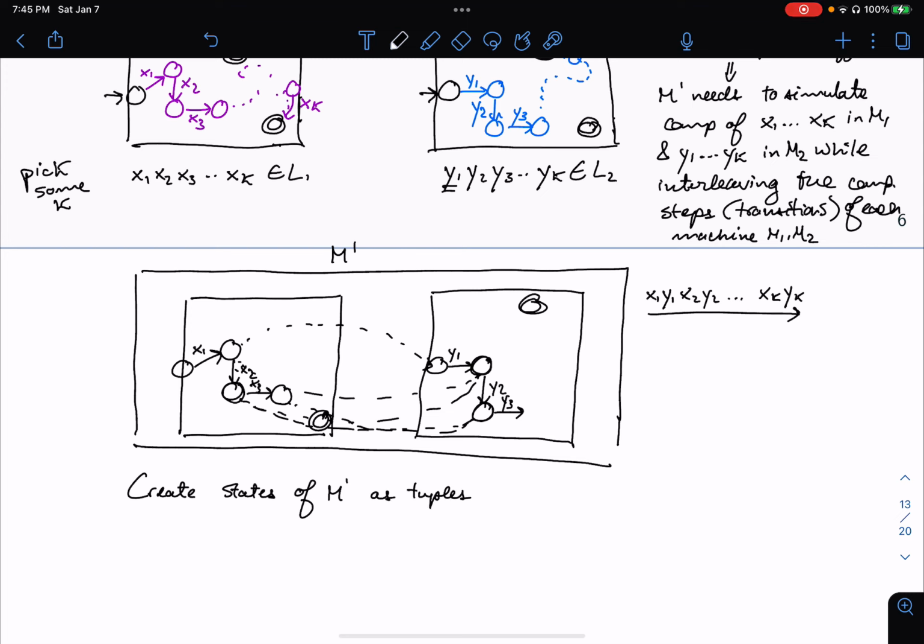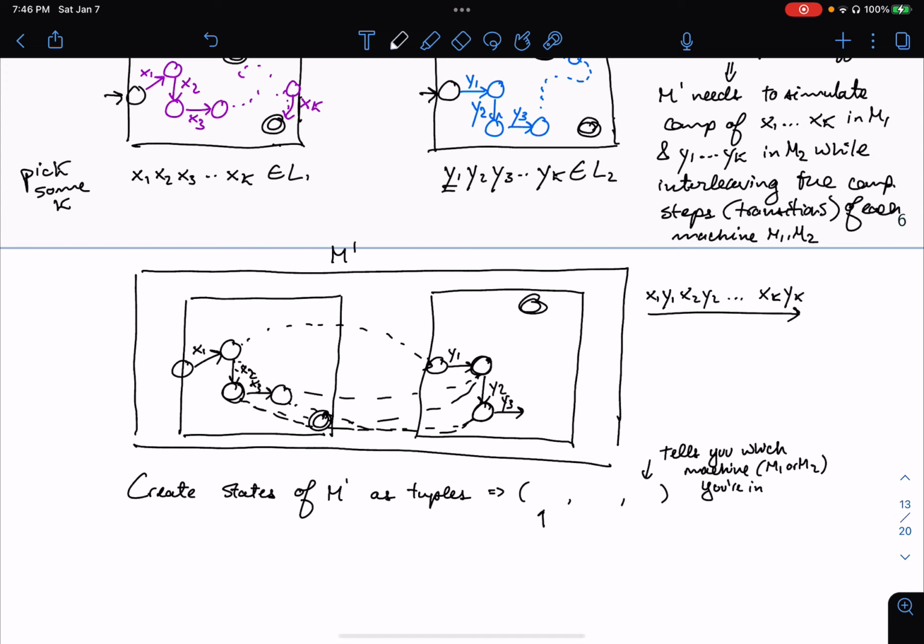So a state becomes a tuple. The last element of the tuple tells you which machine you're in, so either M1 or M2.